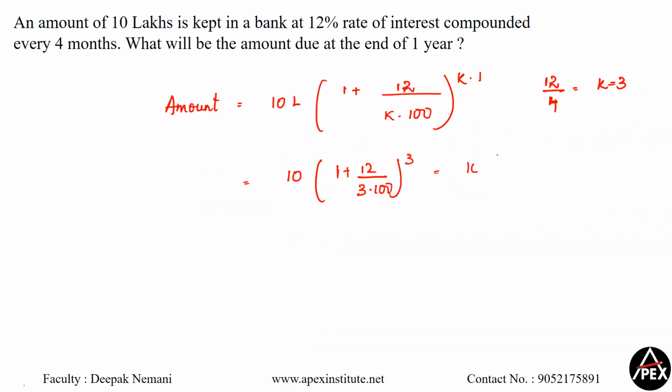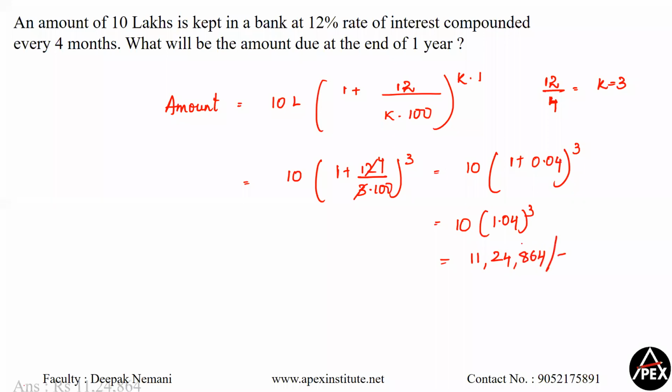So this will be 10 into 1 plus 4 by 100, which is 0.04, to the power of 3. So 10 into 1.04 cube. Can someone tell me this value? 11 lakhs 24,864. Perfect.